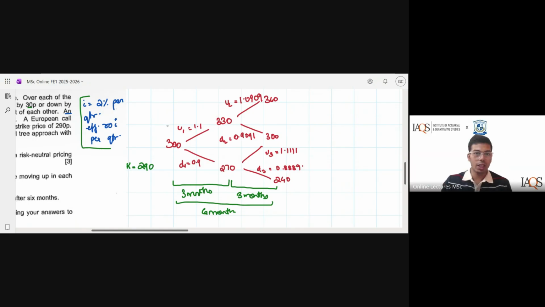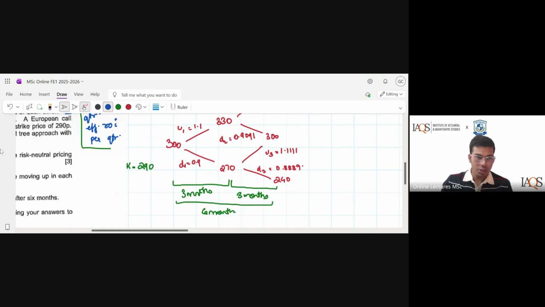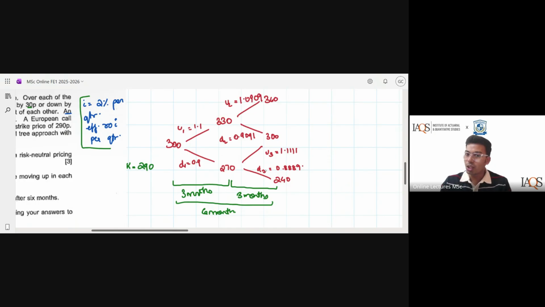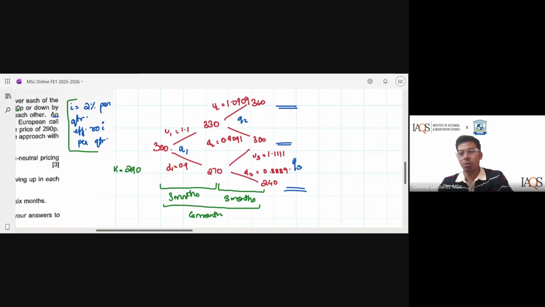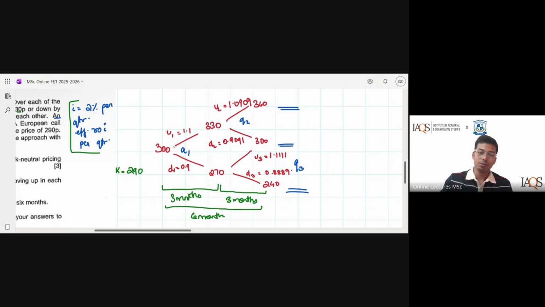Now give it a try. So because it's now a non-recombining model, the values of u and d are actually not constant throughout the tree. You will have q1, you will have q2, you will have q3. Plot your payoffs at each of the three outcomes. You have the probability, bring it one time step back and tell me what is the value of the options.